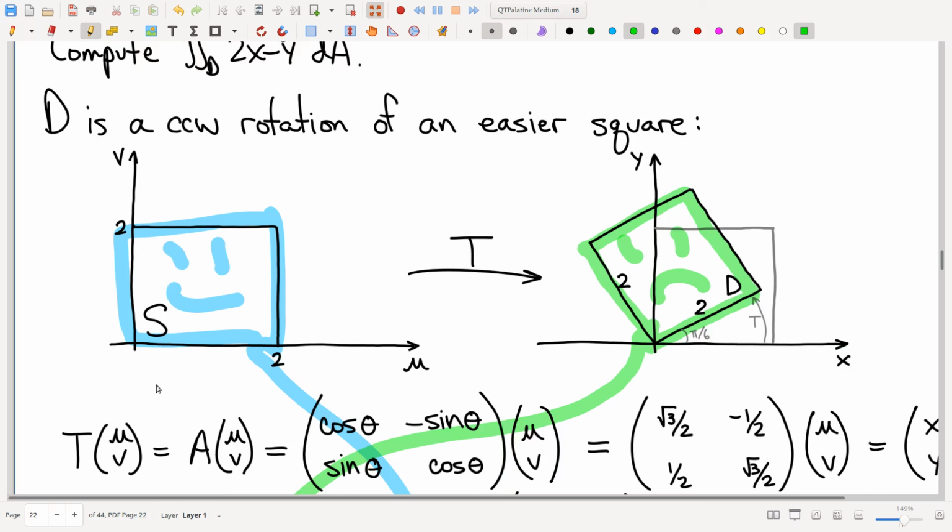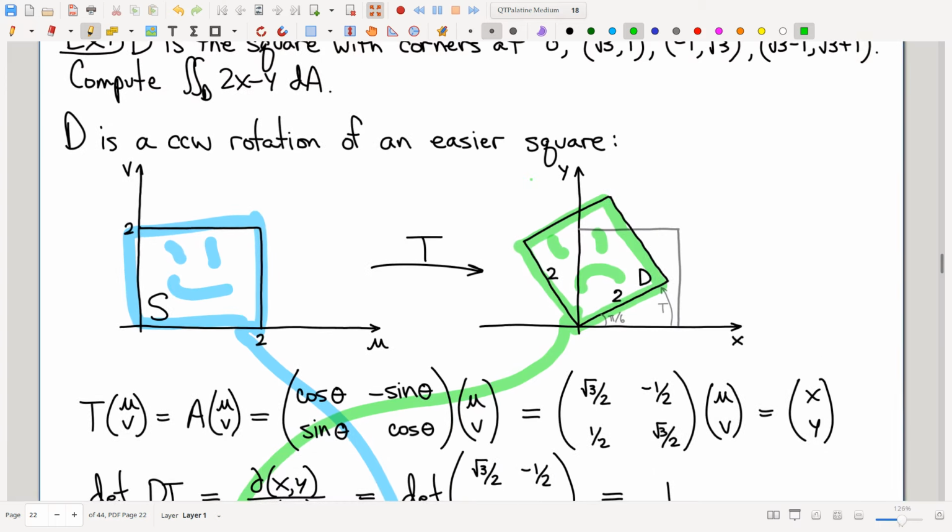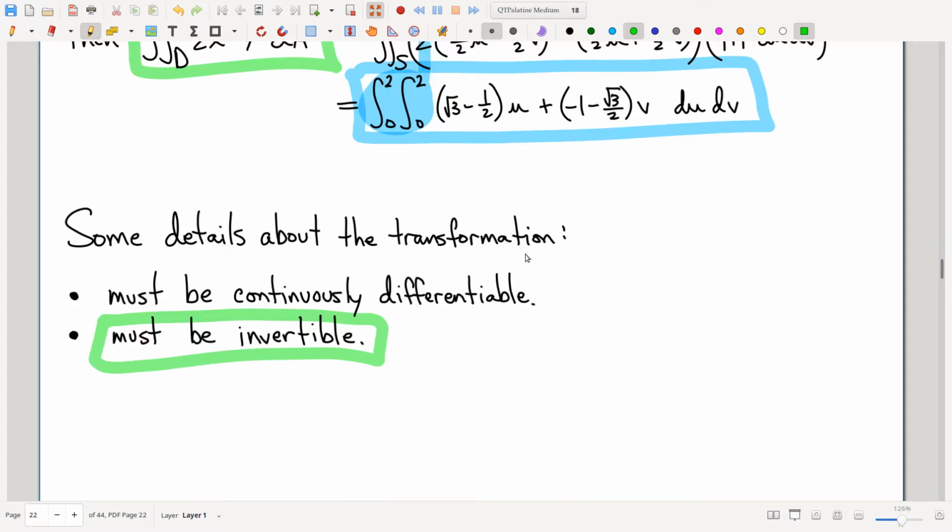And there's a 1-to-1 and on-to, right? There's a bijection. There's no sort of folding over, overlap, duplications or anything like that. Okay, so just something to keep your eye on.